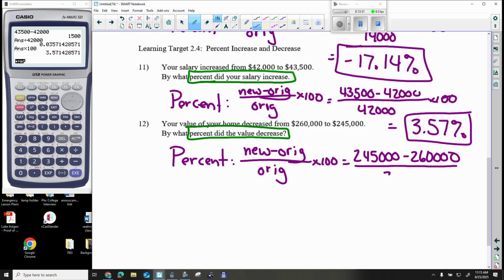Really, the only way that people get these problems wrong is literally misidentifying these things. So this was the from, this was the to. That is one of the only ways that people get these problems wrong: they misidentify the new and the original.